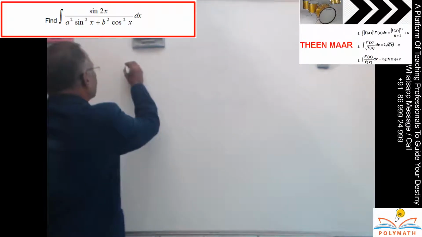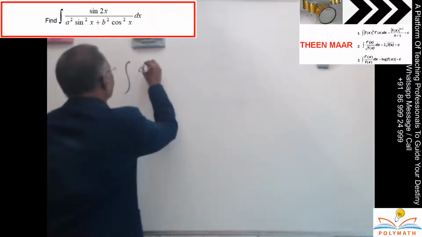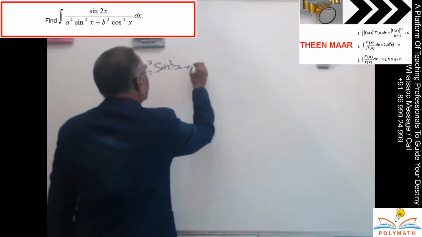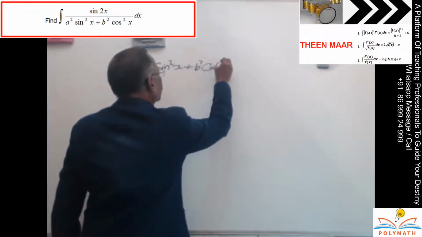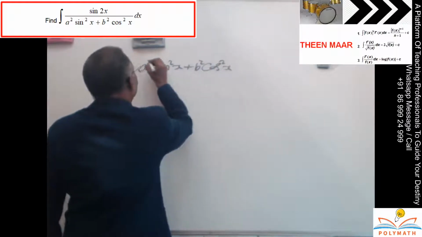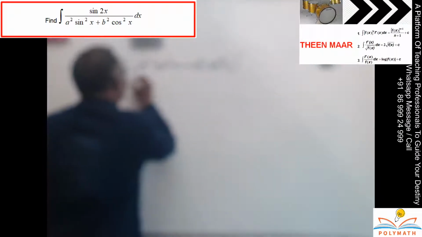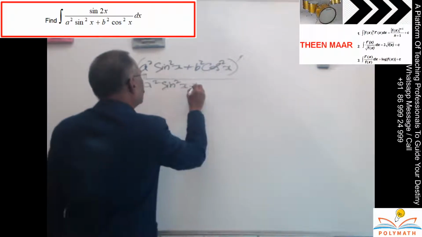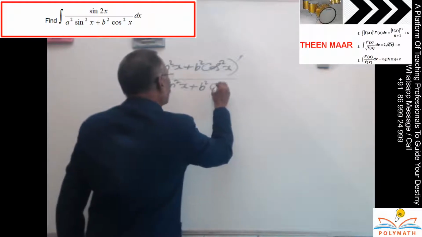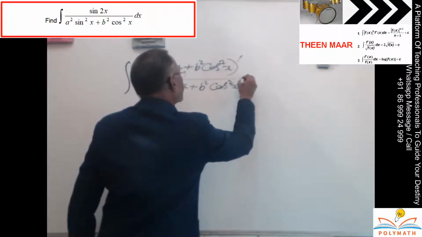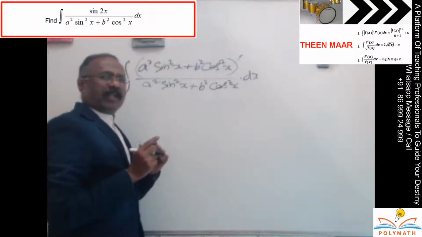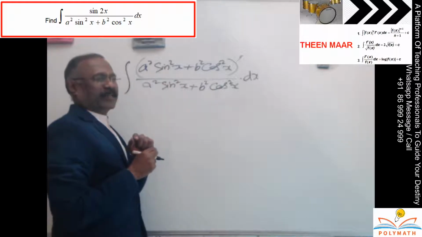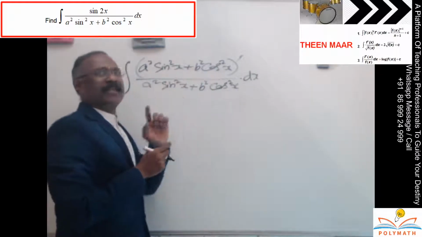It can be seen like this: integral of the derivative of a square sin square x plus b square cos square x, divided by a square sin square x plus b square cos square x dx. You have to make a small adjustment of a constant. It is a square sin 2x, and it is minus b square sin 2x.